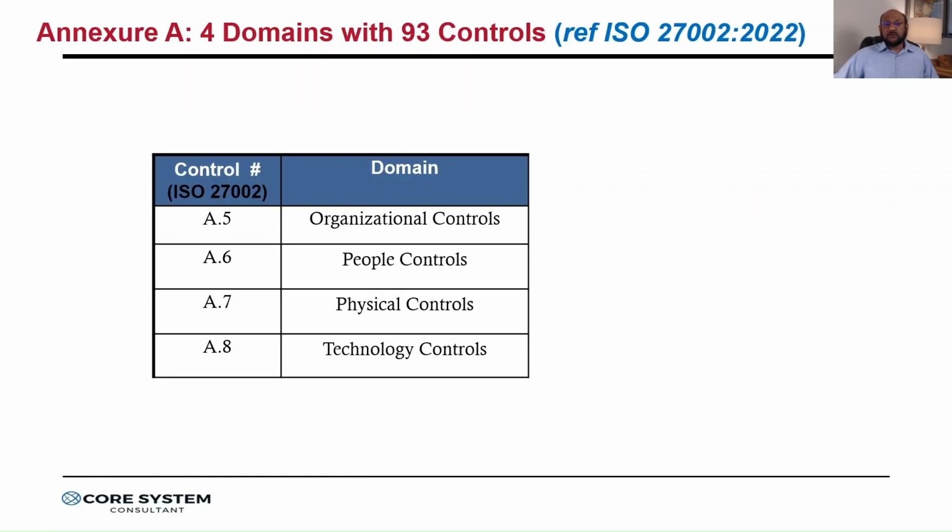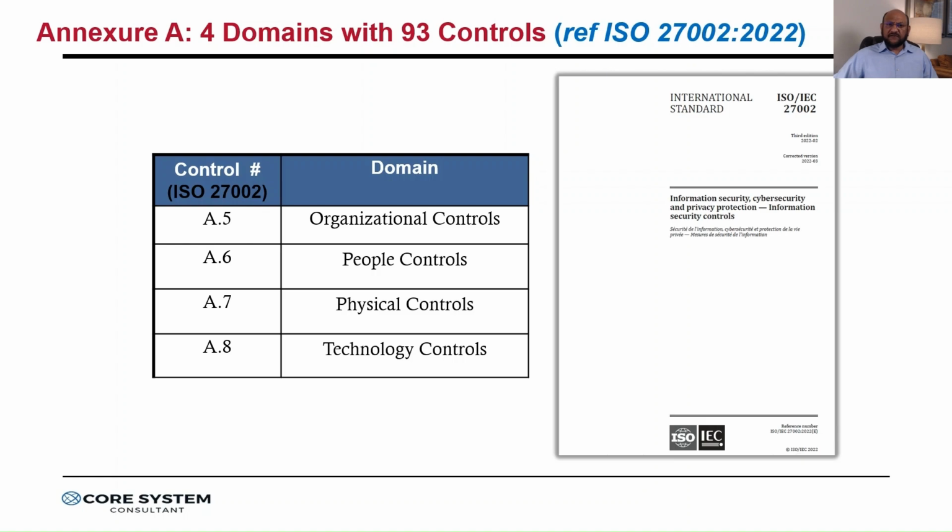So these 93 controls are defined in four domains basically, which are organizational, people, physical, and technology. And originally, they are defined in another standard, which is ISO 27002. You can well refer to that standard, which will provide you further insight into the implementation.